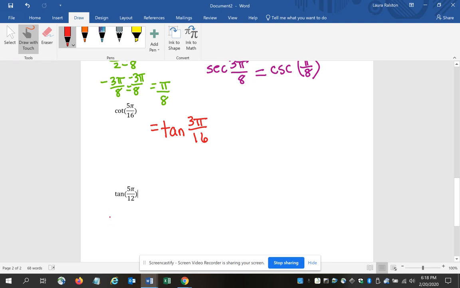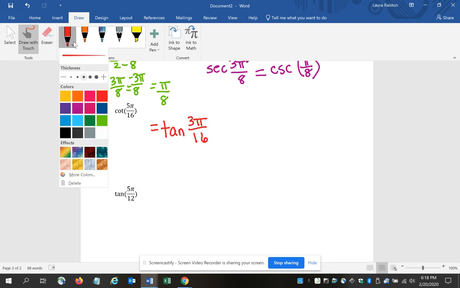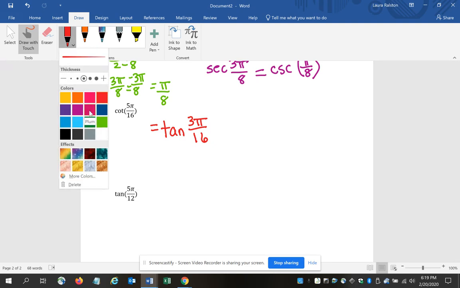Okay, pause again and see if you can find the cofunction of the tangent of 5 pi 12ths.